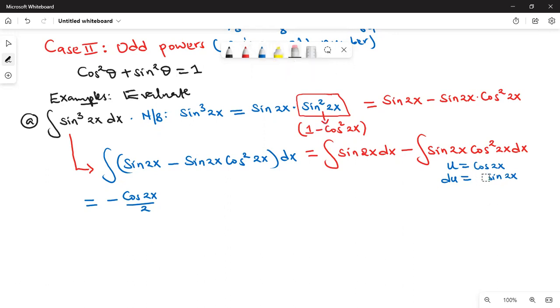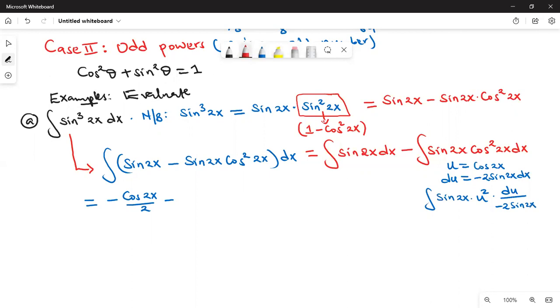When you differentiate cos 2x, you get negative 2 sine 2x dx. So it means now we are integrating, remember here there's a minus, so we're now integrating sine 2x times u squared, make dx the subject. Dx here is the same as du over negative 2 sine 2x.